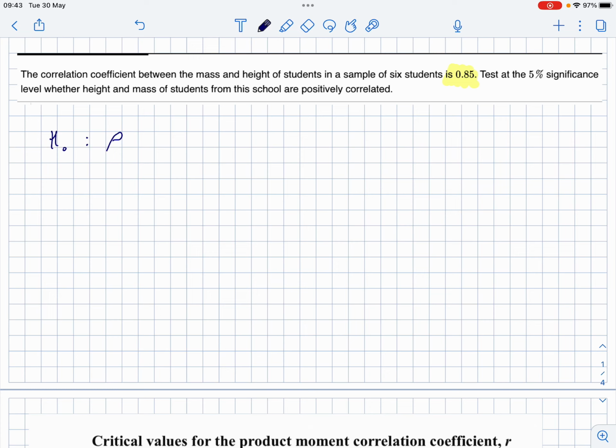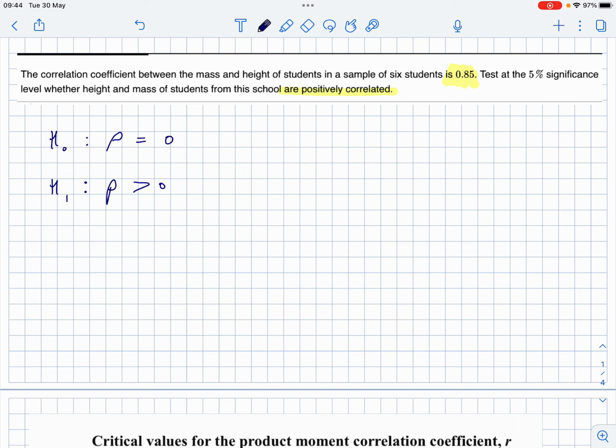But what we're going to say, like we've done before, is that H0, we're going to assume that there's no correlation. And because in the question it says that we think they're positively correlated, we're going to say that H1 is that rho is greater than 0. There's going to be some correlation to it. Okay?